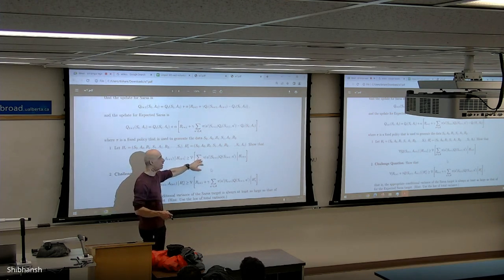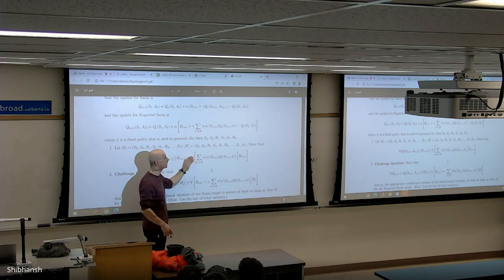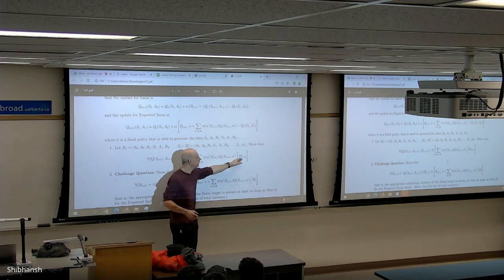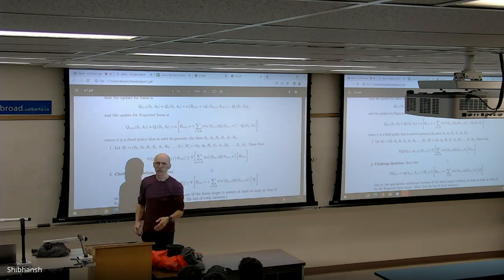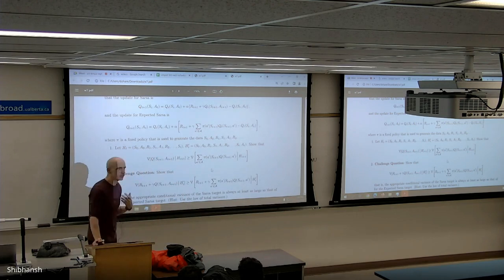This inequality will hold. And then the question here: what are we taking the variance with respect to? What's random here? Well, we are conditioning on the full history, including the last state. There is nothing random. This is deterministic given the history. It's a fixed value. The variance of a fixed value is 0.